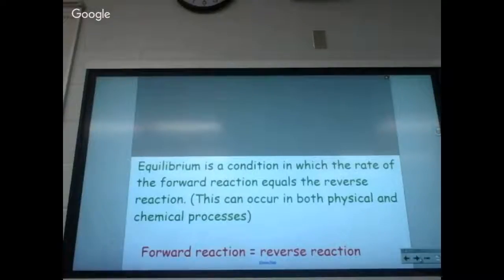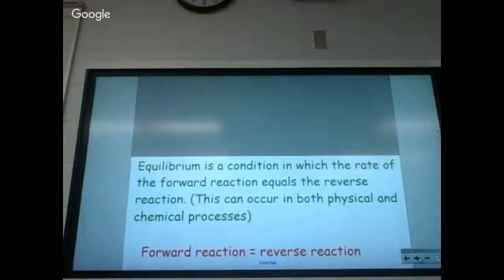Because when we did this before the break, we talked about 2 opposing processes. Before break, the 2 opposing processes we used were evaporation and condensation. We're not going to talk about opposing processes today. We are strictly going to focus on chemical equilibrium.